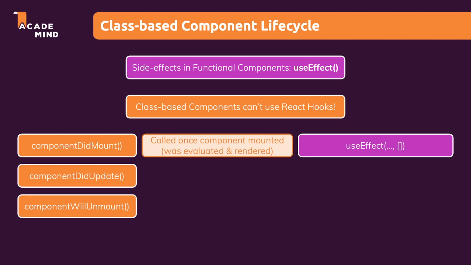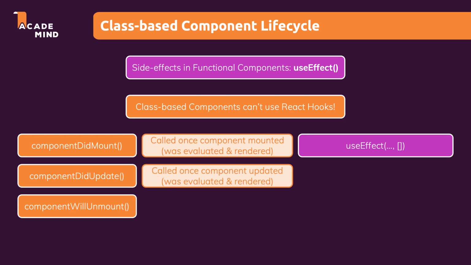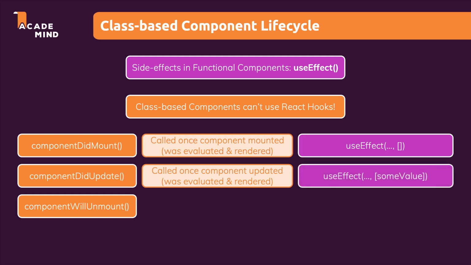You also have componentDidUpdate. This is called once a component was updated. So when something changed, when your state changed and the component was re-evaluated and re-rendered. This is basically your equivalent to useEffect with some dependencies.